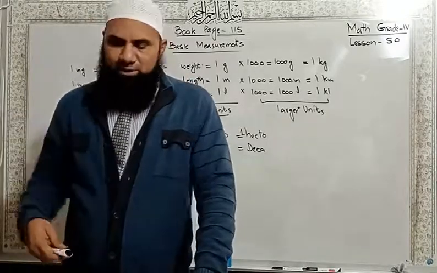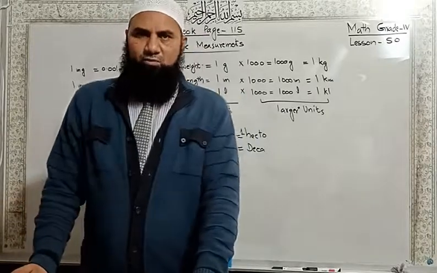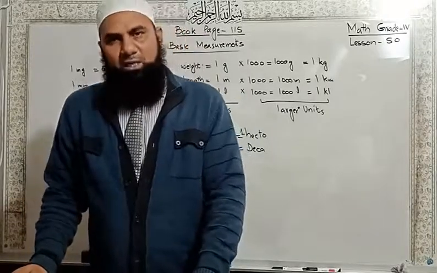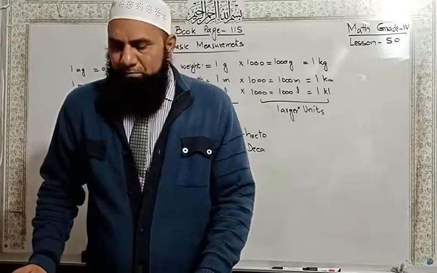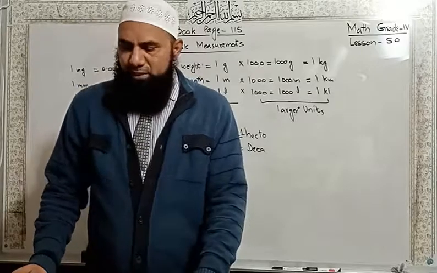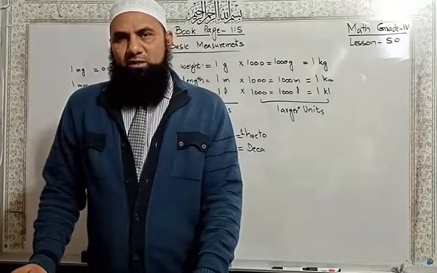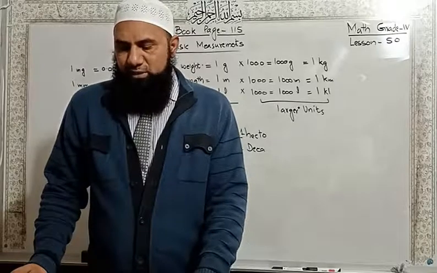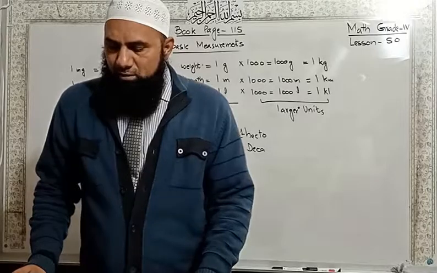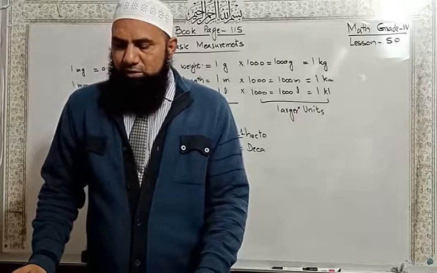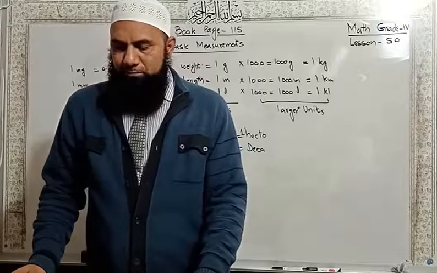For smaller units, remember that we divide. And for making larger units, we multiply basic units by 1000 or 100 or 10. For smaller units, we divide the basic unit by 10 and say it is deci, small d. If we divide by 100, we say this is centi.